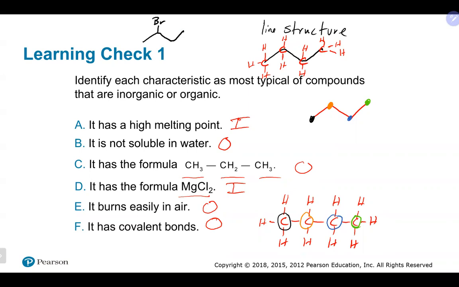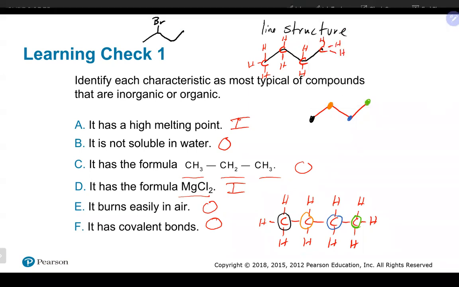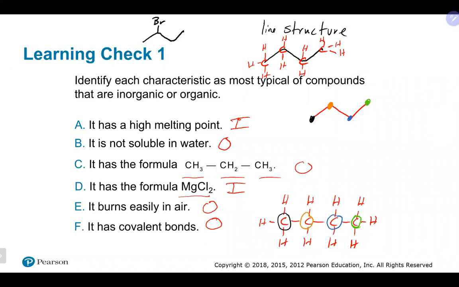Everybody else there would be carbons. So this would be a carbon, that would be a carbon, that would be a carbon, and that would be a carbon. And then obviously the guy at the end there would be just a bromine. Any questions on that there?